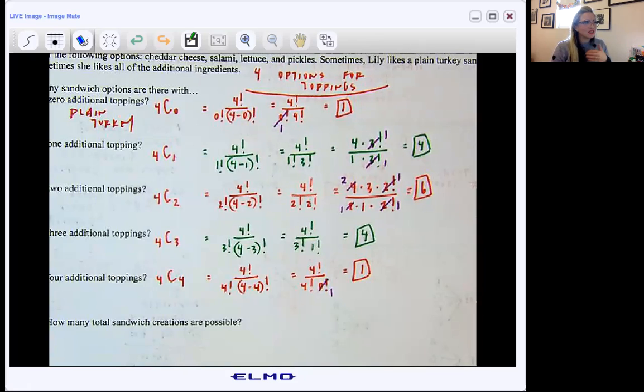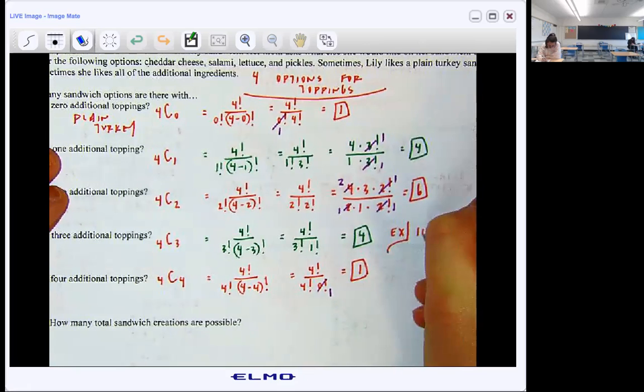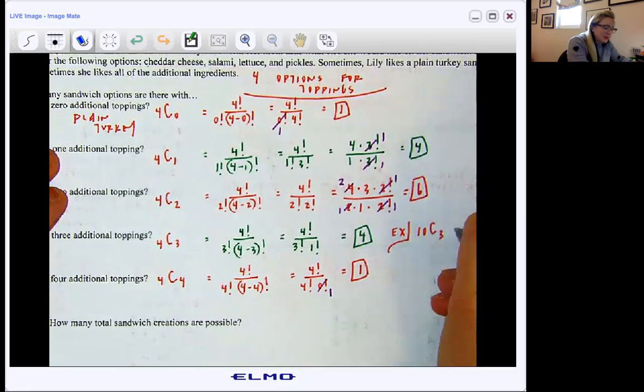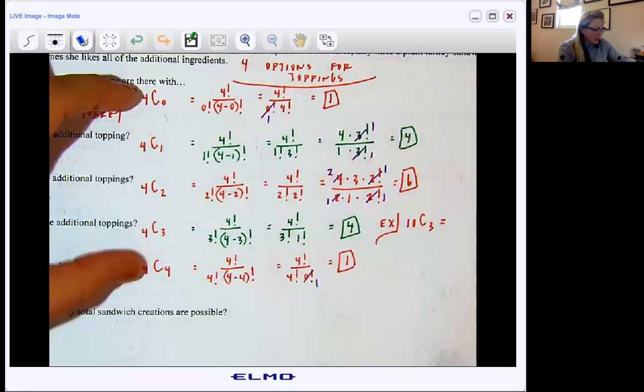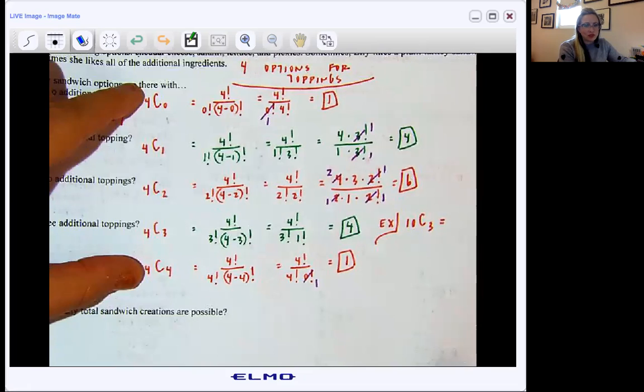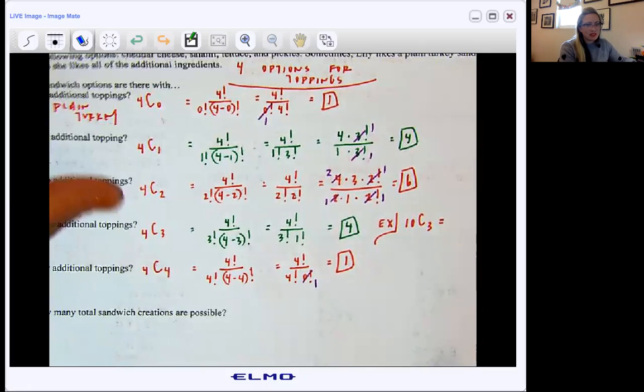So one other thing I just want to point out too is that, let's say I gave you 10 choose 3. What would that be equivalent to? We saw that these were equivalent, 4 choose 0 and 4 choose 4. We saw that these were equivalent, 4 choose 1 and 4 choose 3. So what's 10 choose 3 going to be equivalent to?